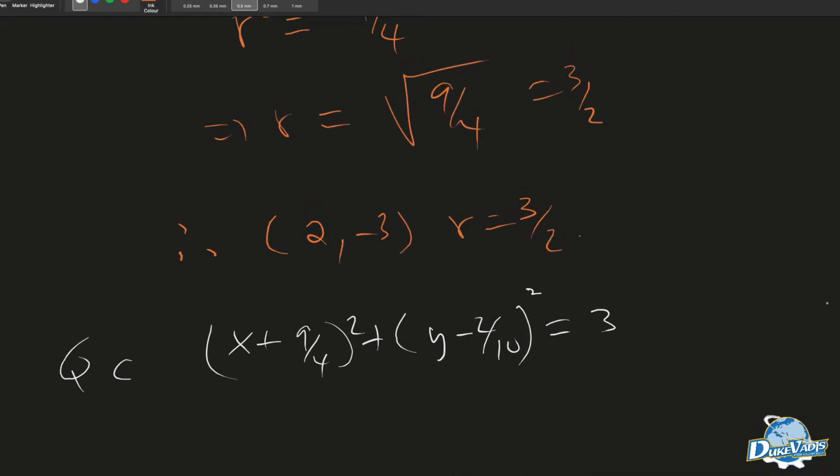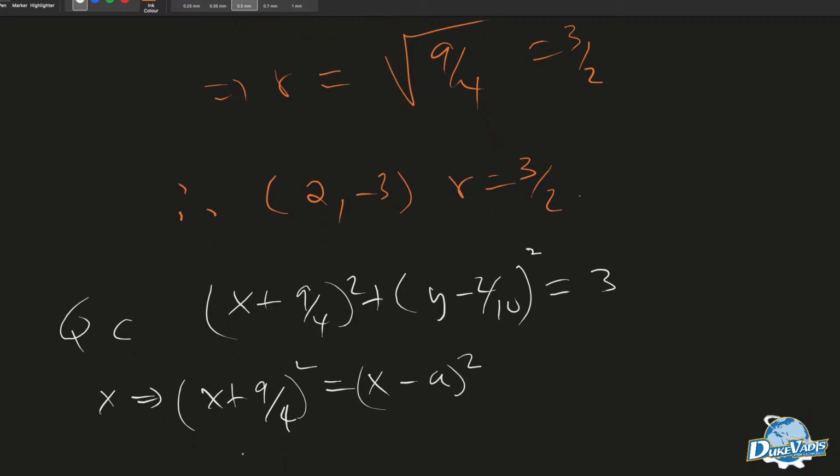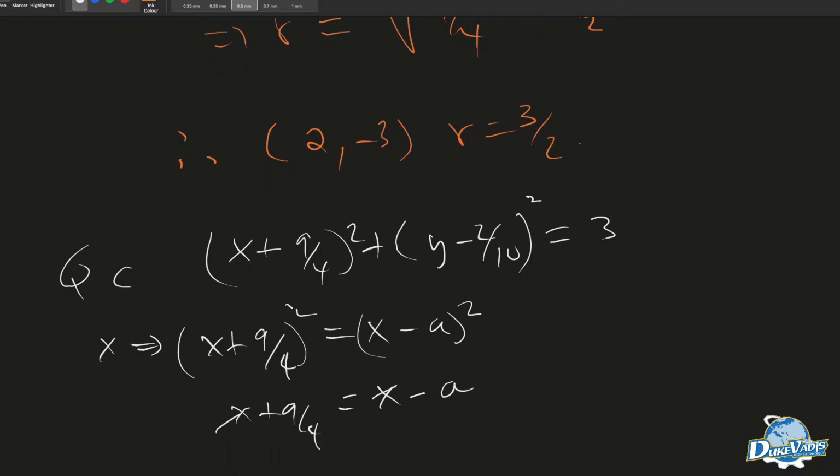So it's the same procedure. We'll tackle the x by saying x plus 9 over 4 all squared is equal to x minus a squared. When we square each, this will be x plus 9 over 4 is equal to x minus a. Let's cancel that. So a is equal to negative 9 over 4.